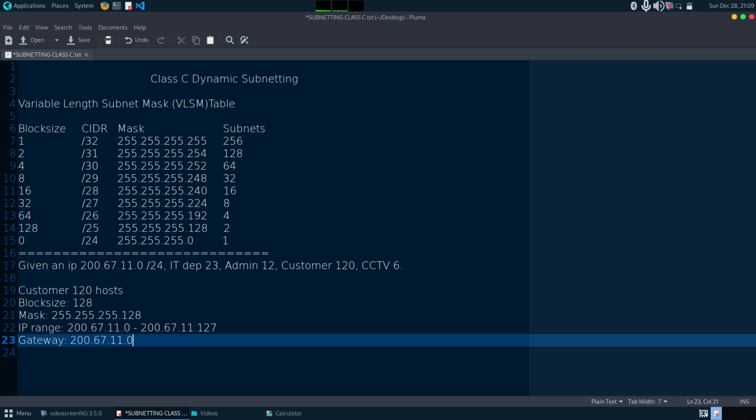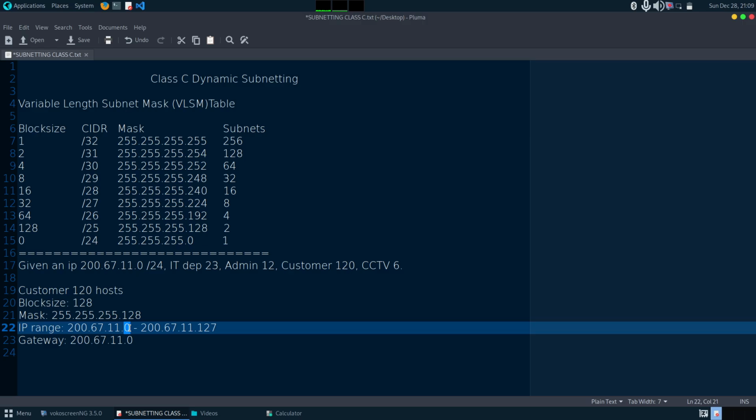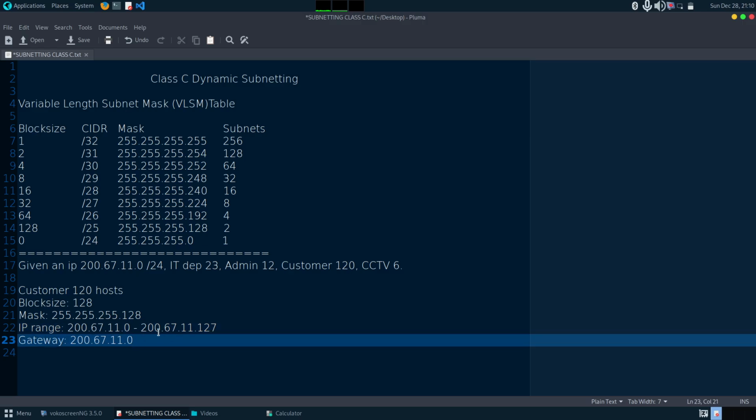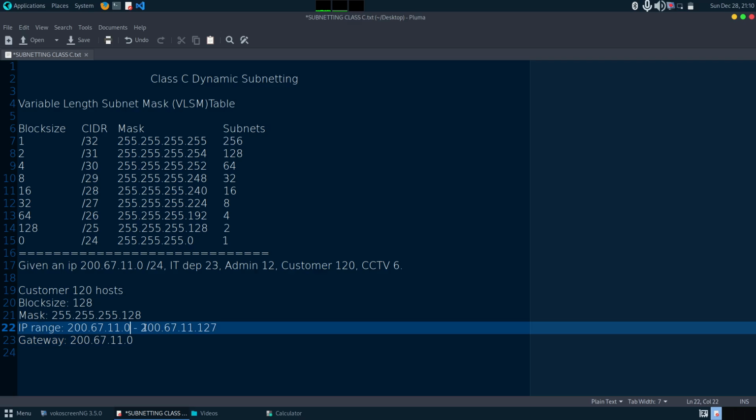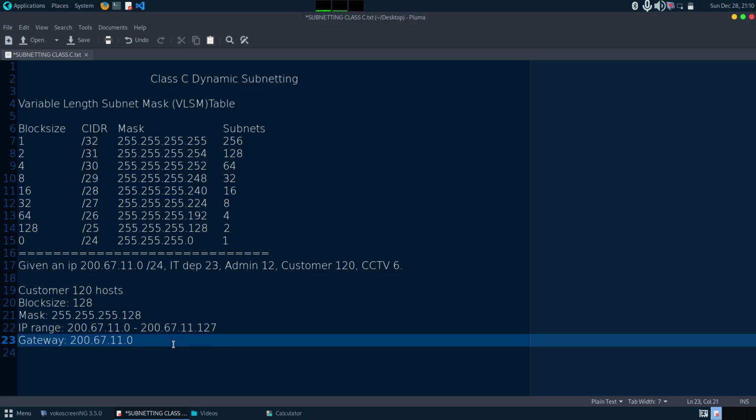Since 0 is not usable because it's the network, we have usable IPs starting from 1 up to 126, because 127 is the broadcast and 0 is the network address. Network portion, host portion, identity of the network address, identity of the broadcast address. I hope that makes it clear. So our gateway can get the first usable IP address, which is 1.